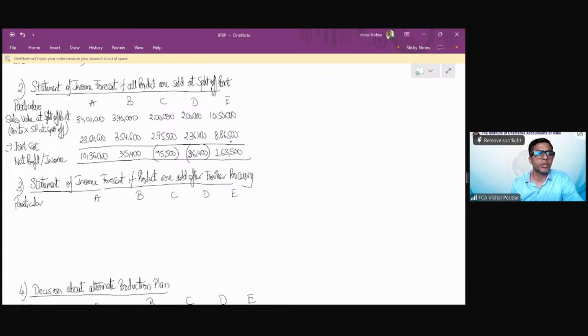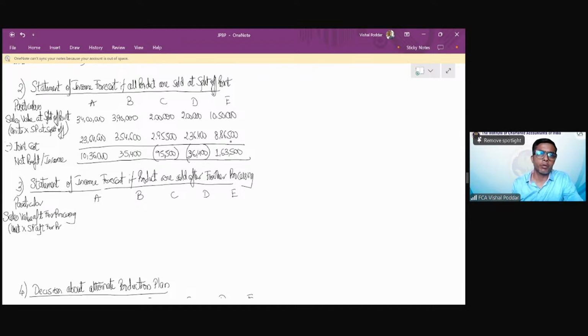Second thing I have to do is again find out profits if I'm selling the products after further processing. Now same, how will you find out this? So first find out sales value after further processing, which will be units multiplied by selling price after further processing.